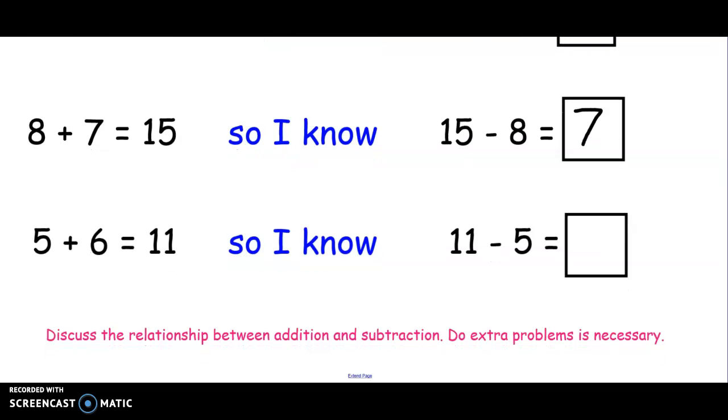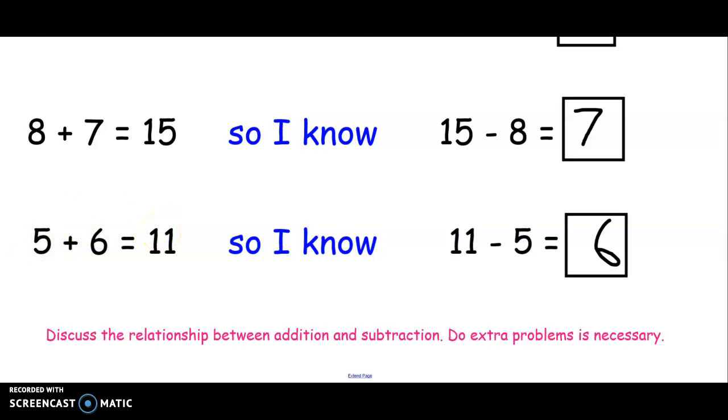Let's look at the last one. All right, so we have 5 plus 6 equals 11. So then we know that 11 take away 5 must be, did you say 6? You're right. Remember, these two are the partners to get up to the total over here. Same thing, these are the partners and this is the total.